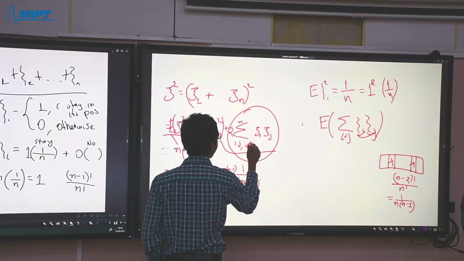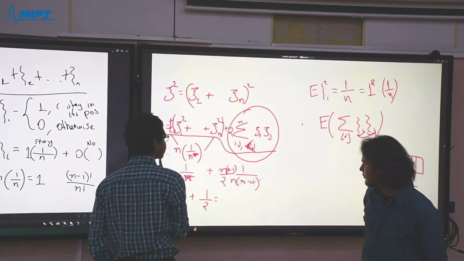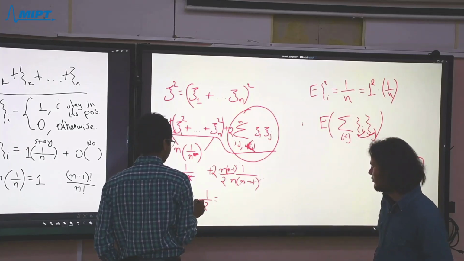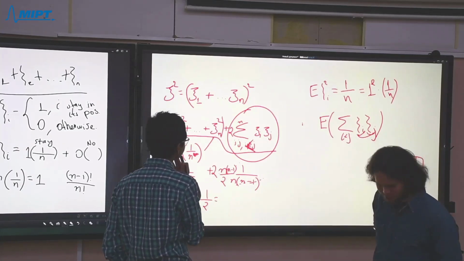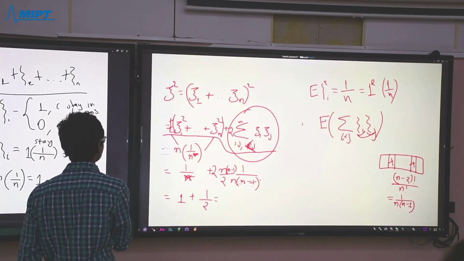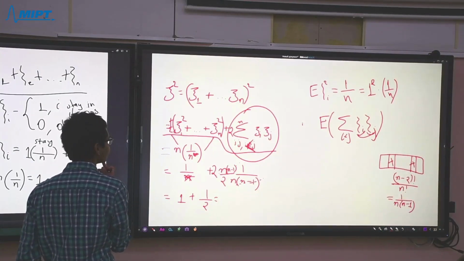Then i is less than j. Then we get 1. Wait, then we get 2. No, the variance is also 1, as far as I remember. Where's the mistake here, guys? Or maybe it's 2 and I just don't.